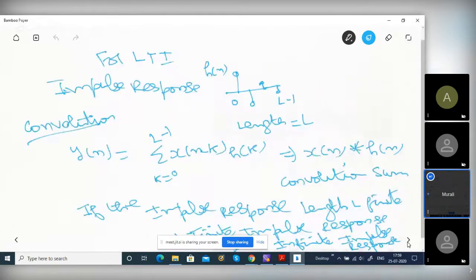Now we will talk about the LTI system. H of n is my impulse response, which has length L. X of n is my input. If the system is linear and time invariant, I can use a property called the convolution sum.